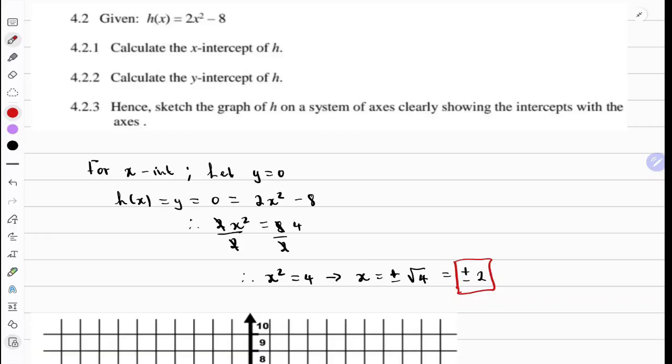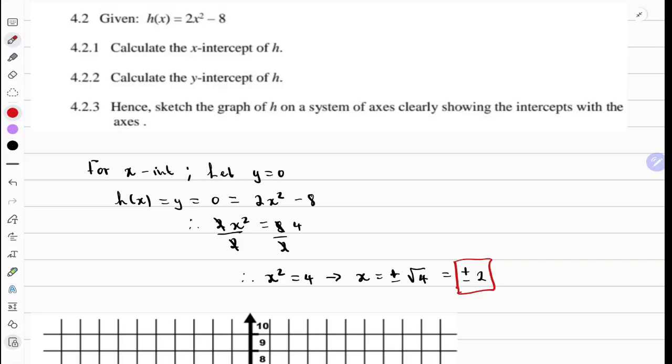So normally a parabolic function at most has 2 x-intercepts, and sometimes it has 1 intercept, and at times also it doesn't have an x-intercept.